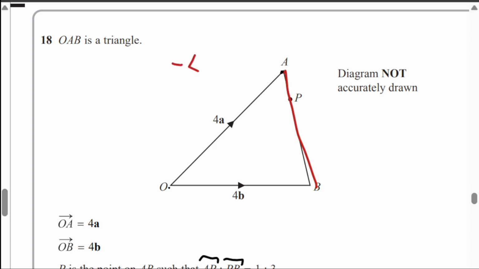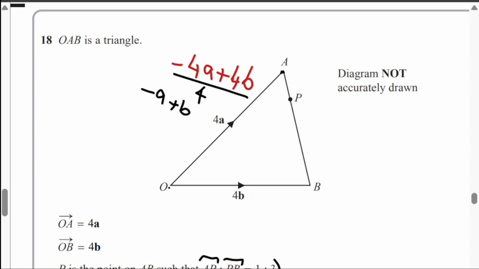It's minus 4A plus 4B. We will divide this by 4 because it's 1 to 3, so it's 4. So 4A divided by 4 is minus A, 4B divided by 4 is B. That means this short length here is minus A plus B.